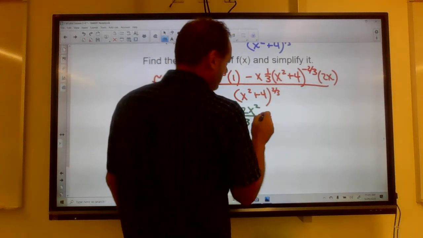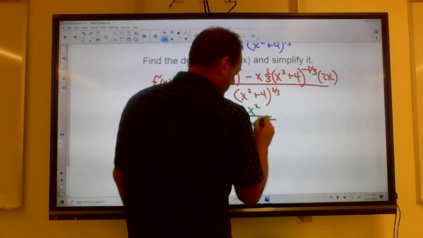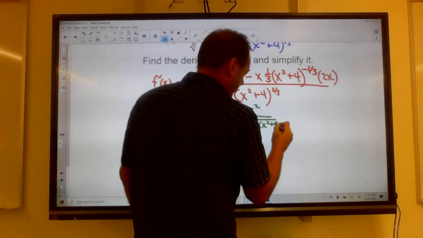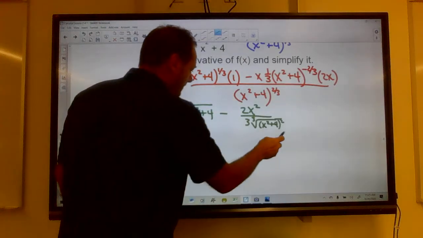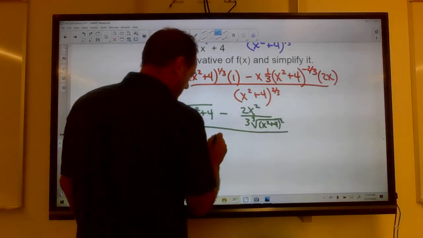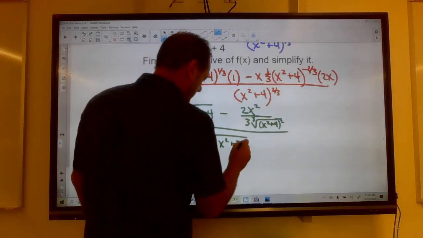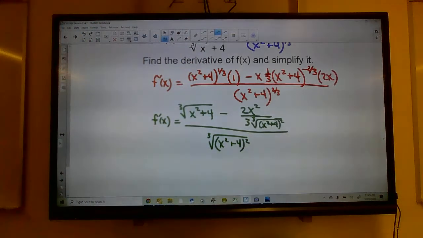I got x squared in the numerator, and I've got a cube root of x squared plus 4 squared in the denominator. And then I've got another denominator, and this is the cube root of x squared plus 4 squared, like that.